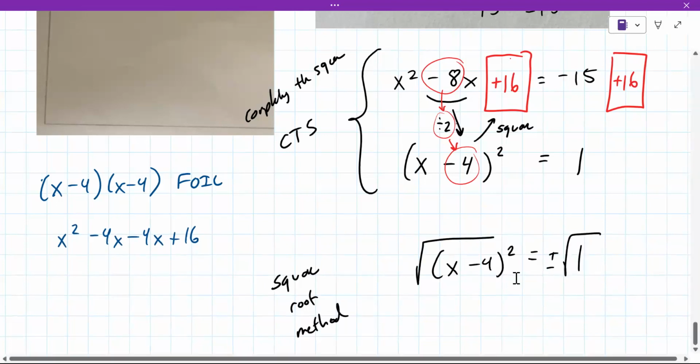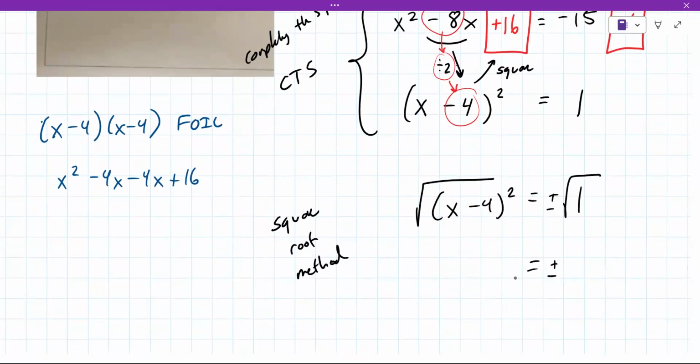Plus or minus, can't emphasize that enough. And then you have two solutions.